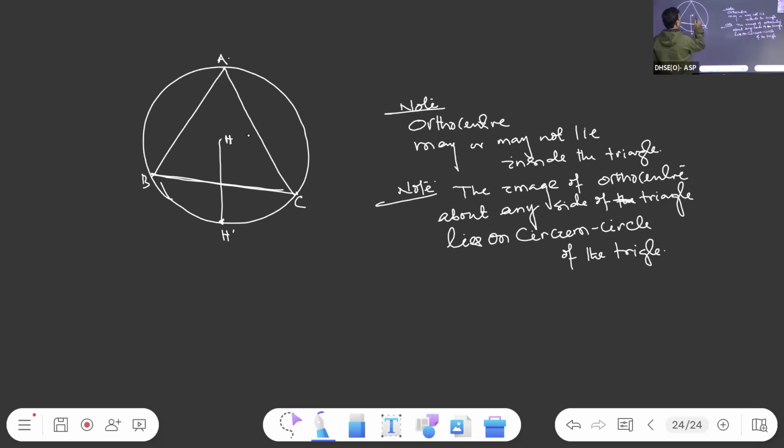Or if you want to reflect it along AC, here will be H dash.